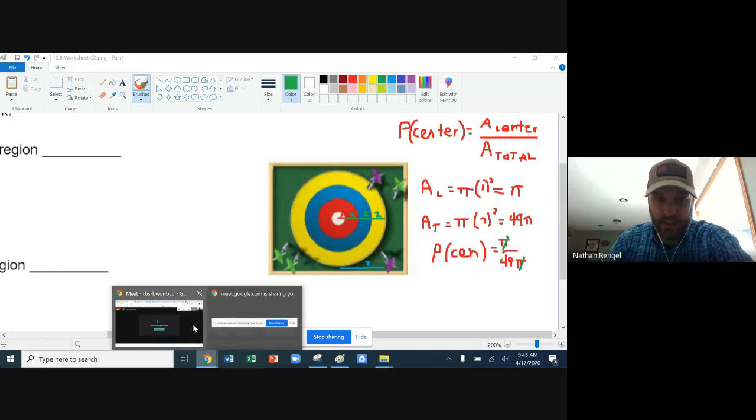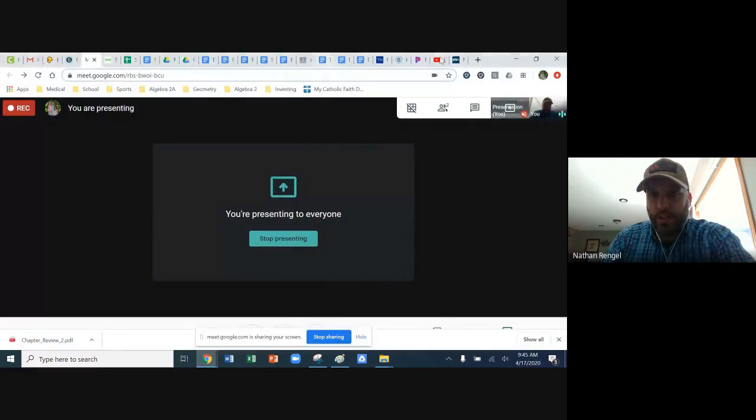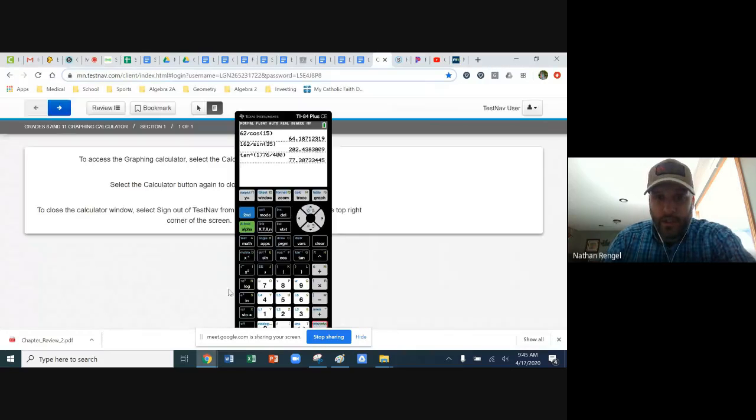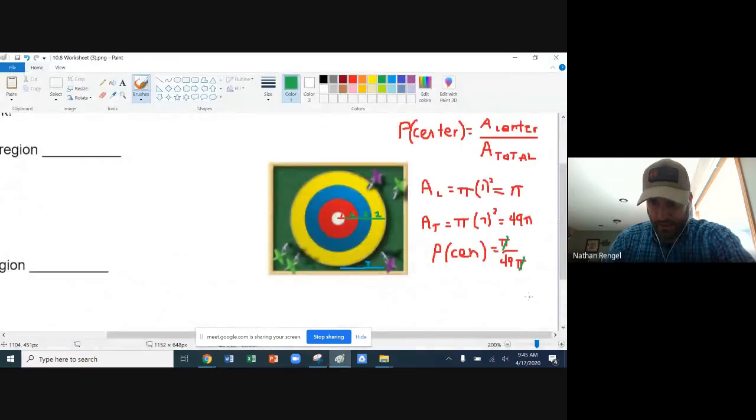So we'll head to our calculator and take 1 divided by 49. We'd have about 0.02, so that would be a 2% chance of hitting that center circle.